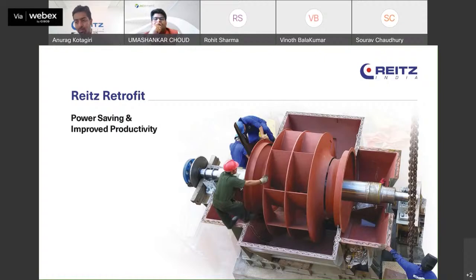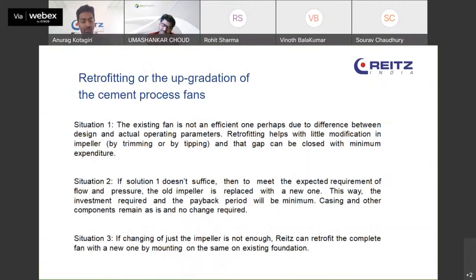So coming to the main point, retrofit is one of our biggest USPs. We are able to give customers great advantage with a quick ROI. And let's look at the kind of retrofits or the need for a retrofit. In our understanding over the years, retrofit is pretty much summed up into three situations.